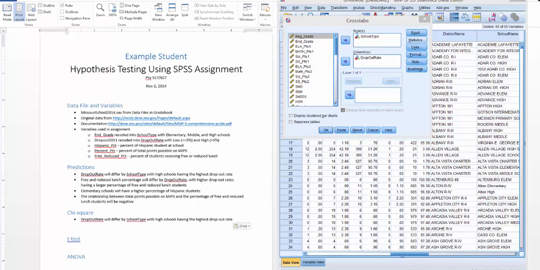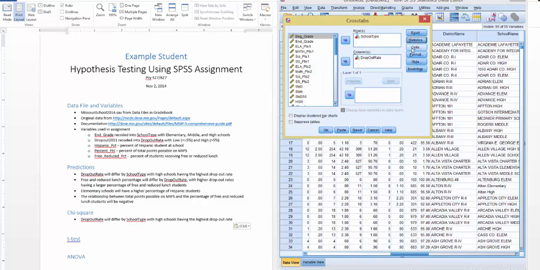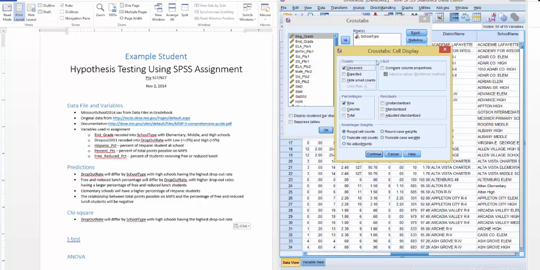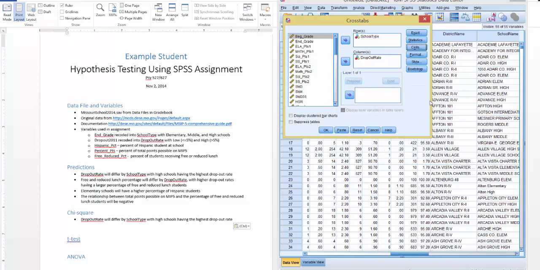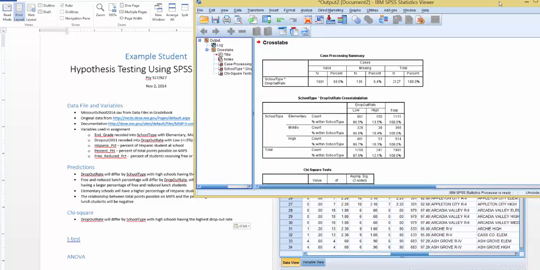We're going to want the chi-square statistic, and in order to make everything a little bit easier to interpret, we're going to ask for row percentages. And clicking OK, we get our results.